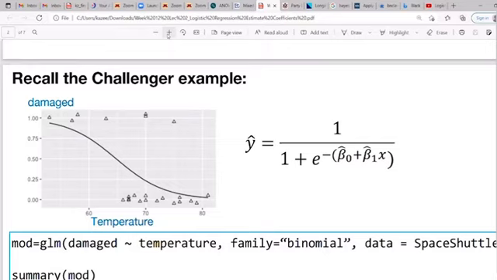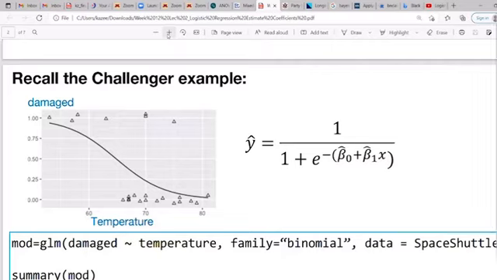I remember when I started the other time, I walked you through an example where a rocket was launched and the O-ring was found damaged, and we were trying to look at the effect of temperature on the probability that the O-ring will be damaged or not.